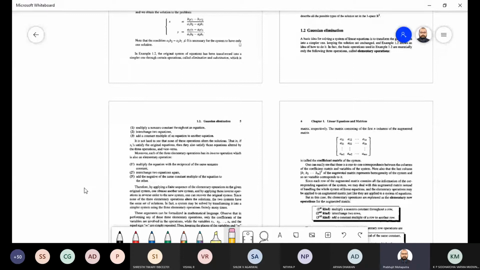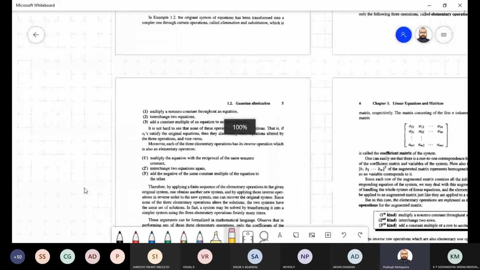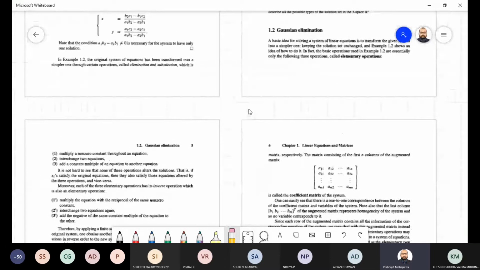Last class we just started Gaussian elimination. So what was that? Gaussian elimination is nothing but a systematic way to solve a system of equations, meaning a set of equations. With a set of equations, you can multiply a constant with any equation, that is allowed.